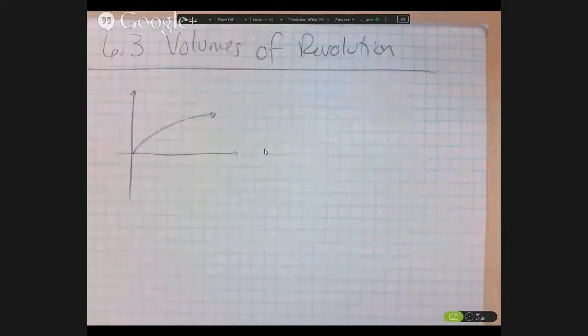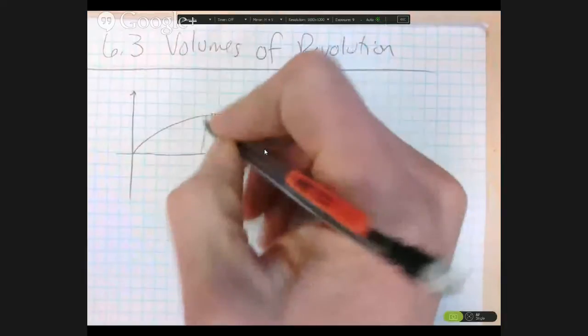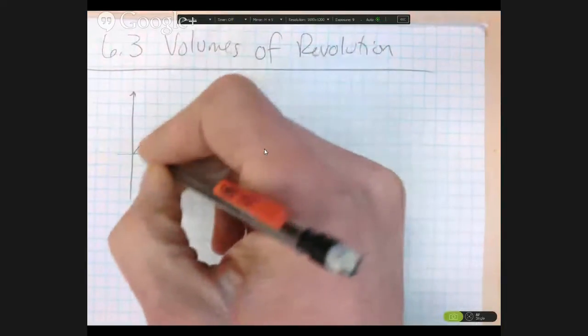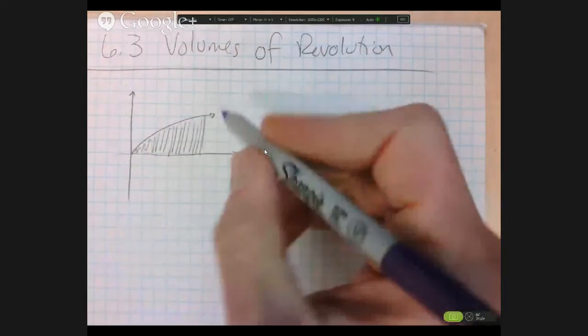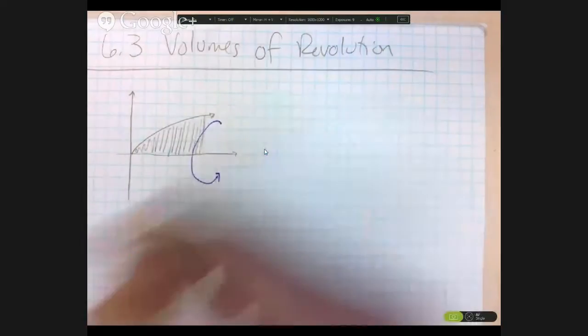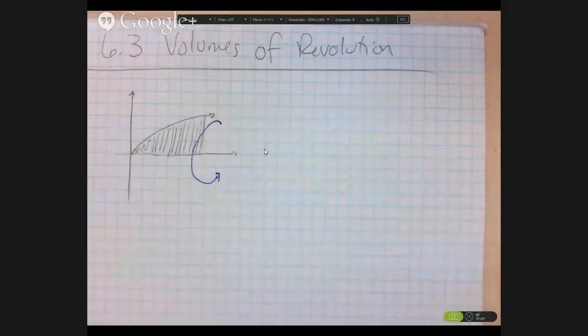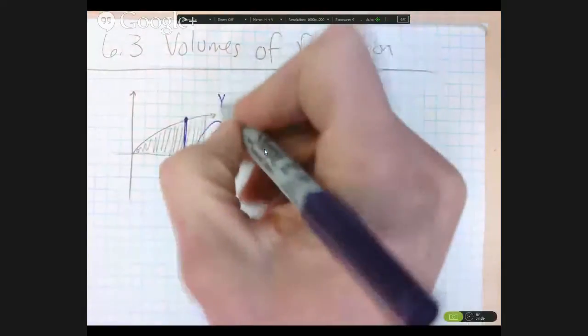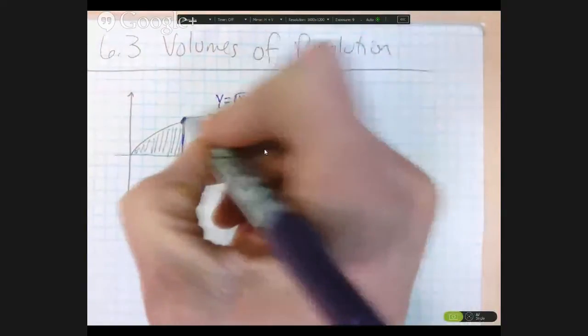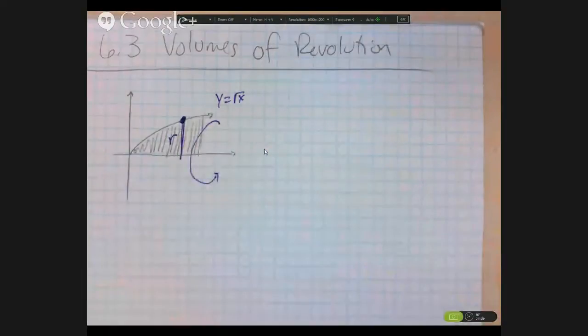Okay, so there's a function. If I want to revolve that around the x-axis, it creates a circular shape. What's the radius of that circular shape? Let's just call that function the square root of x. What's the radius? Yeah, it's the y value.